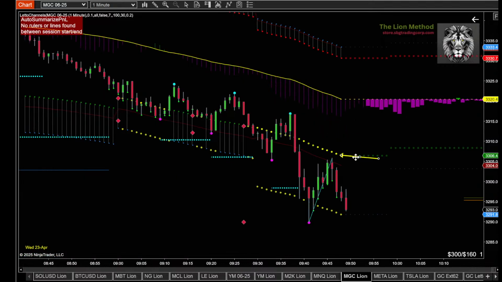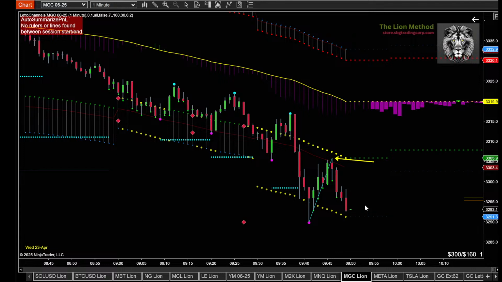We should be getting another swing dot here. 1, 2, 3, another minute or two. We should get a buy dot there. That would be a really good trade.